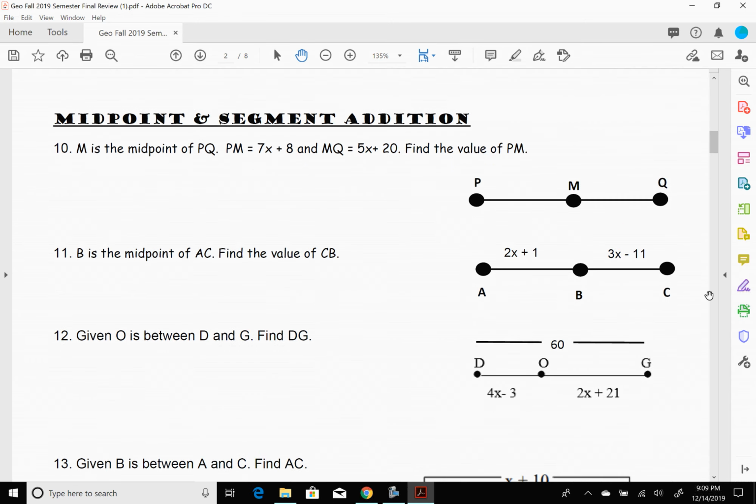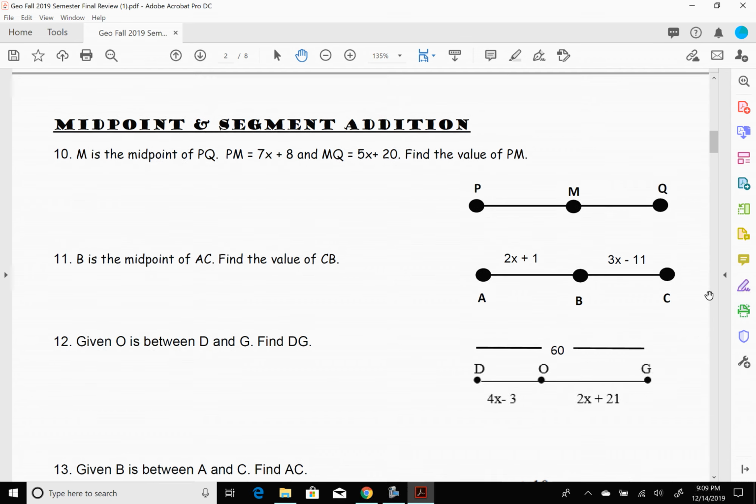All right, these ones here, midpoint and segment addition. It says M is the midpoint of PQ. So since this is the midpoint, that means the two pieces are equal to each other. So PM is 7x plus 8, and MQ is 5x plus 20. Since M is the midpoint, those are equal.